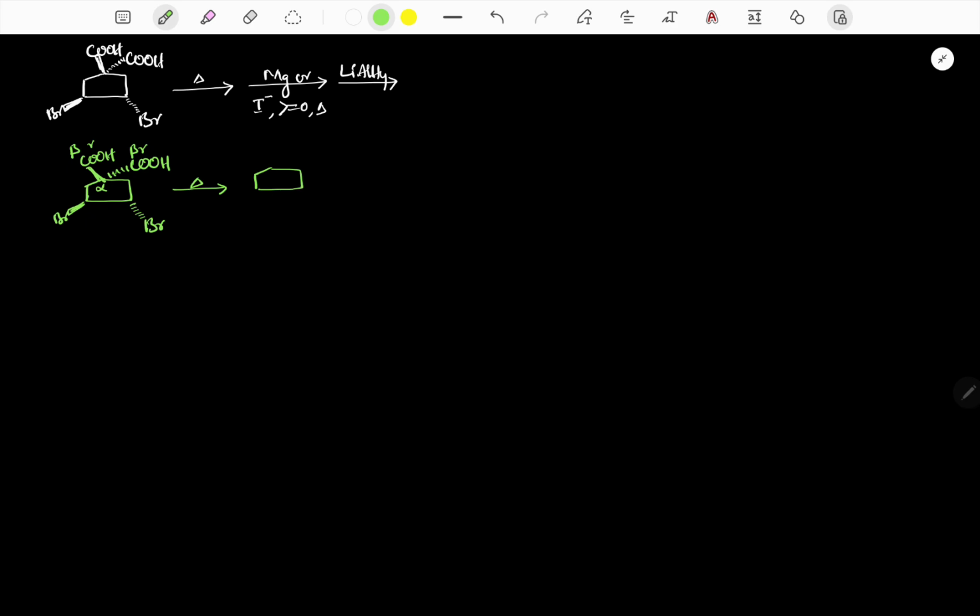One possibility is, suppose above the plane COOH is decarboxylated, it is a product, and below the plane COOH is decarboxylated, it is a product.